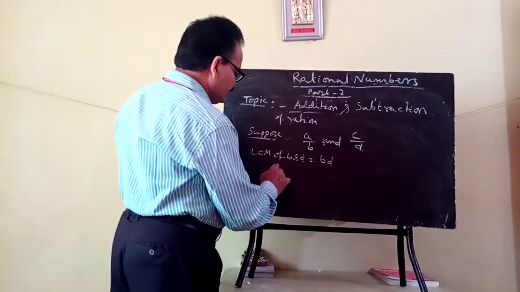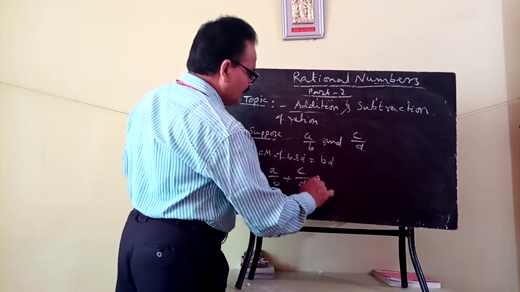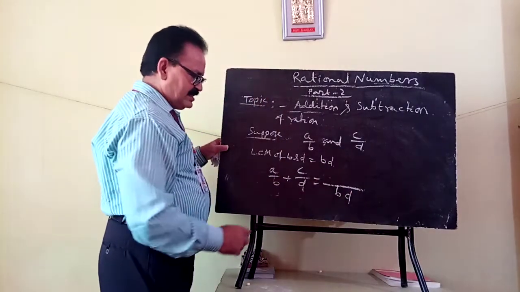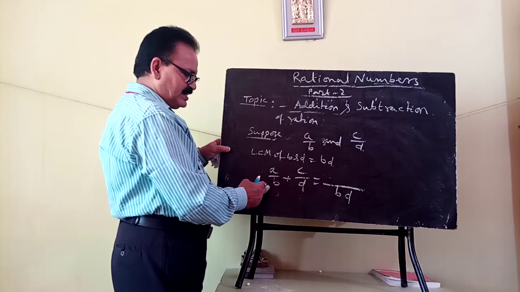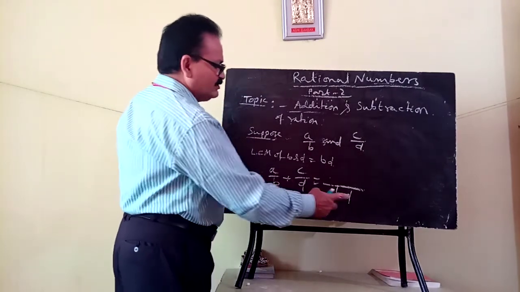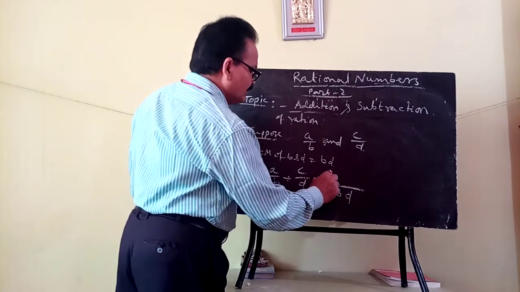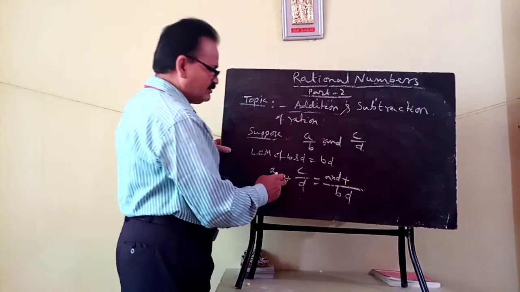Then for A by B plus C by D, you write the LCM, then divide this LCM by the denominator of the first. If you divide BD by B, the quotient is D. So you multiply A into D, then you put the plus sign because you are adding.